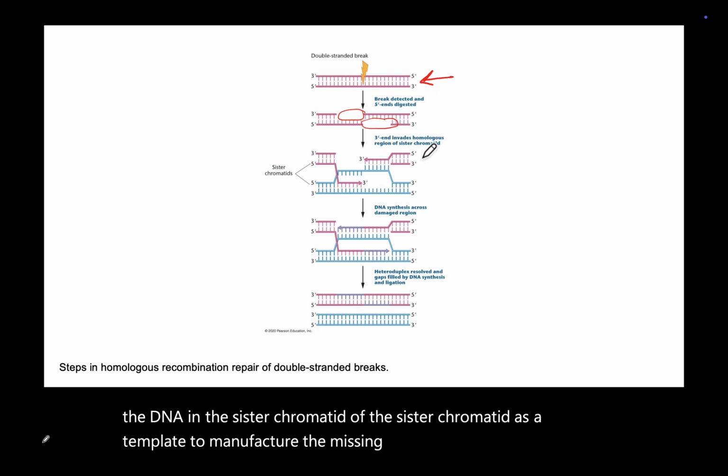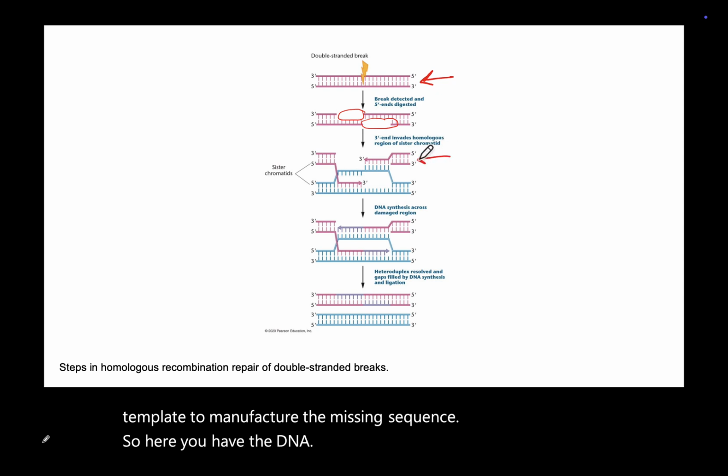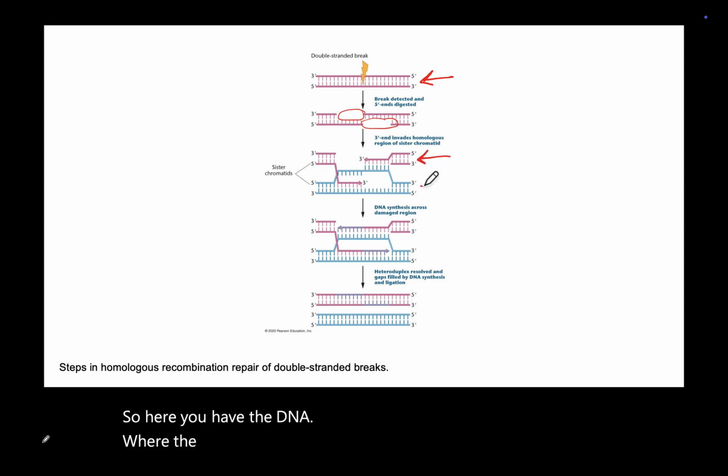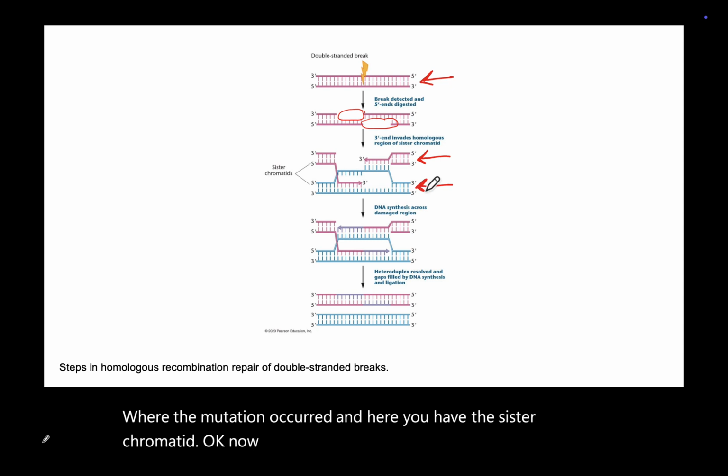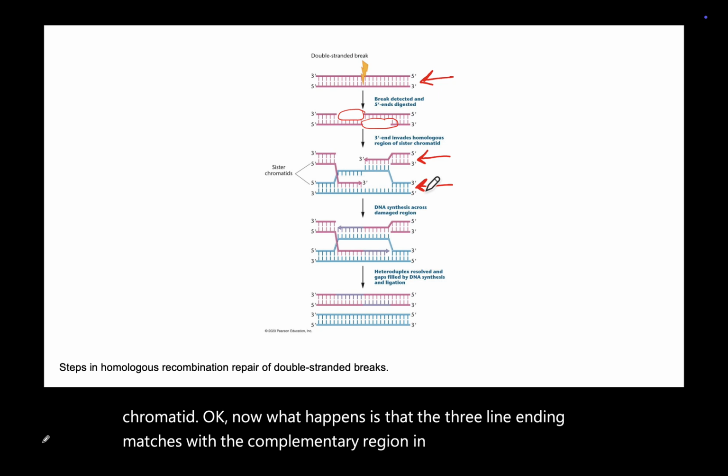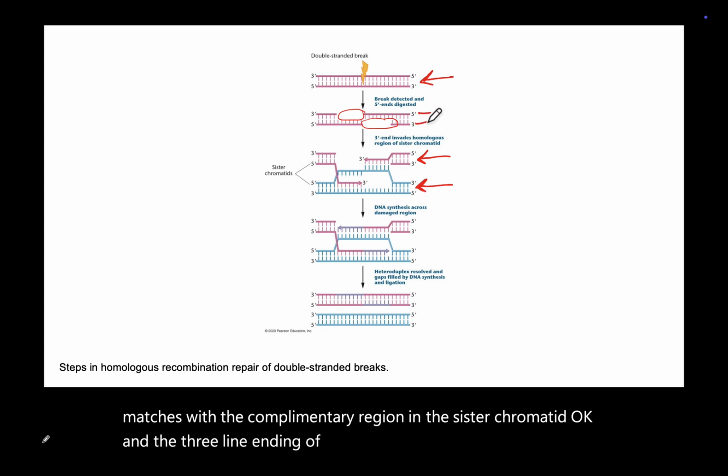So here you have the DNA where the mutation occurred. And here you have the sister chromatid. Okay? Now, what happens is that the 3-prime ending matches with the complementary region in the sister chromatid.